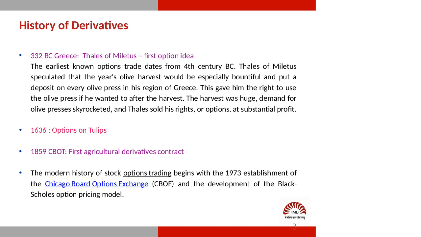The modern history goes back to a much shorter period, about 50 years back, in 1973, when the Chicago Board Options Exchange was established, which also coincided with the development of the Black-Scholes option pricing model that we will talk about later.